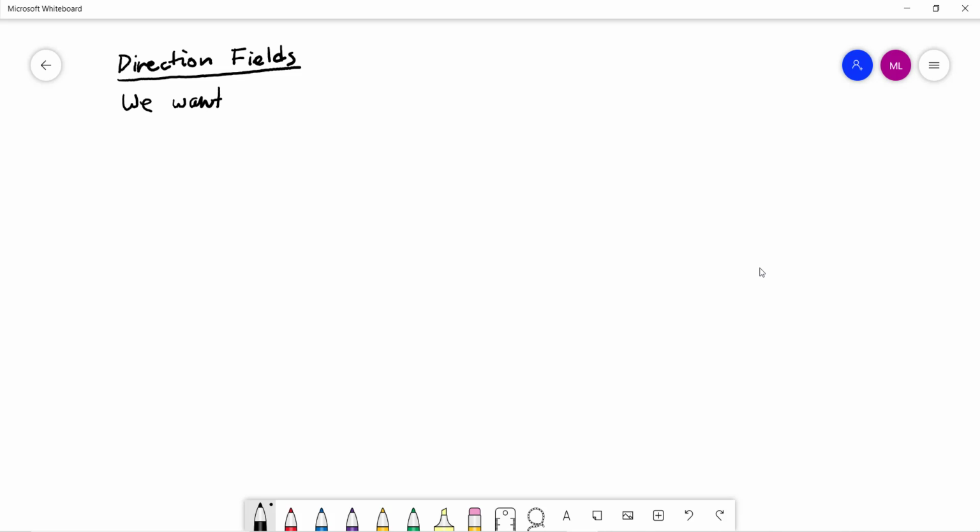So we want to essentially get graphical solutions to ODEs. And so for now, we'll stick to first order.